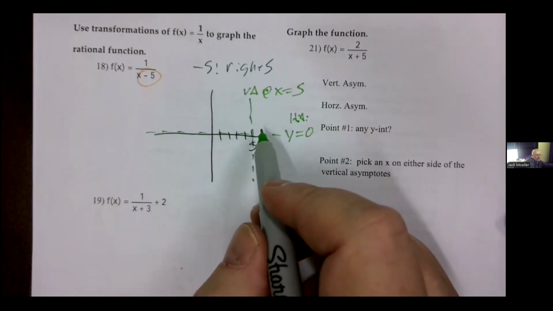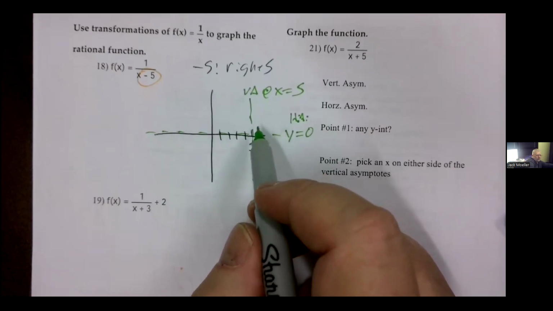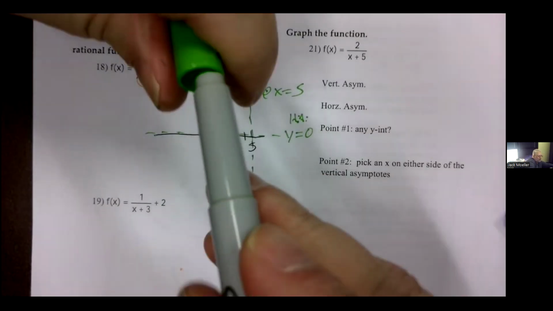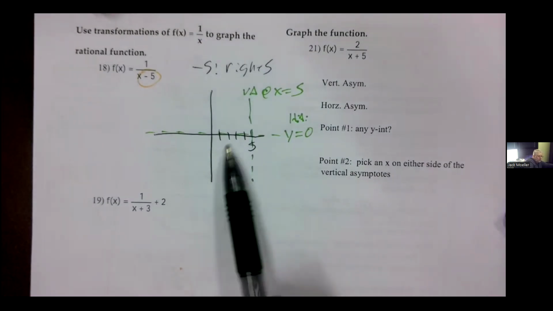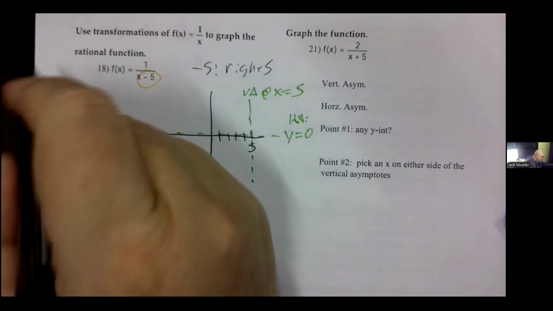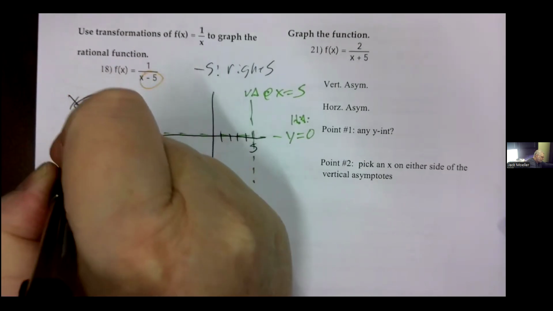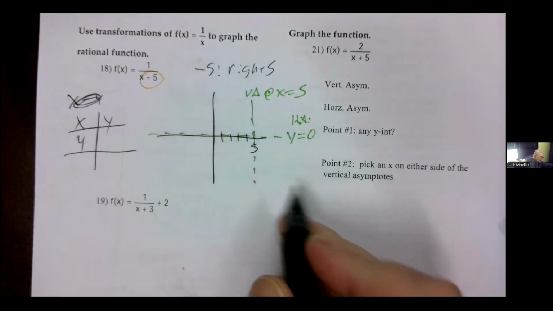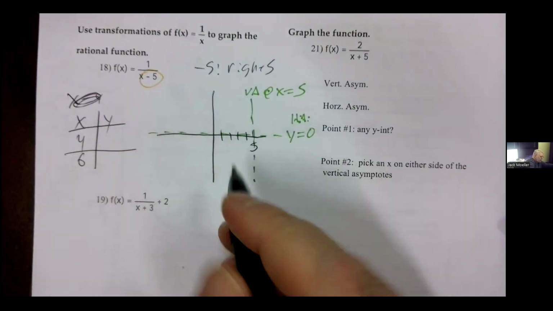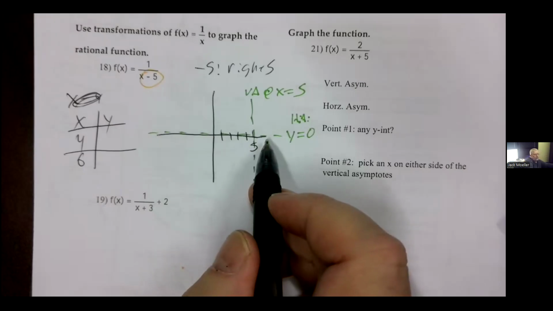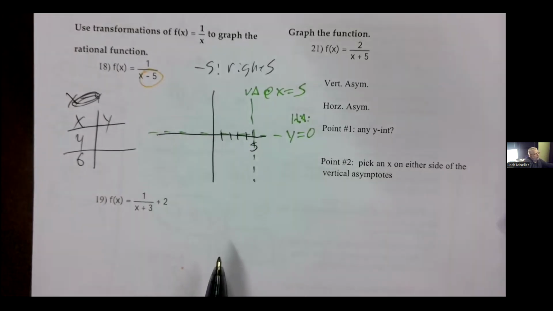If you want to be more specific, basically what I do is I plug in 1 x on either side of the asymptote. So I want to do x equals 4, and then x equals 6. So I go 1 to the left, 1 to the right. Often in matching, they're similar, and so you need a point.